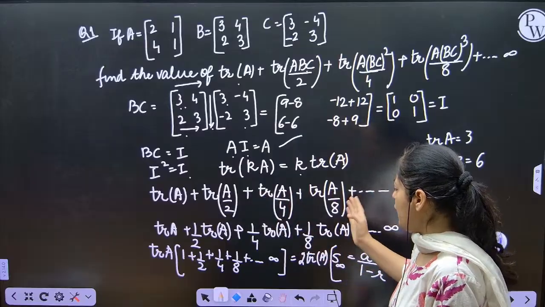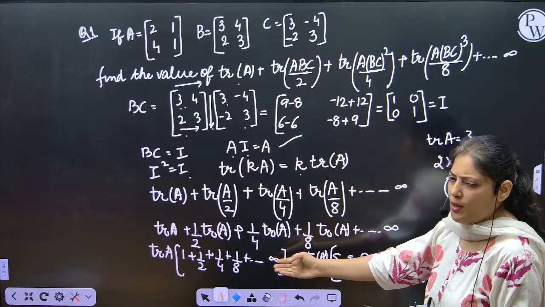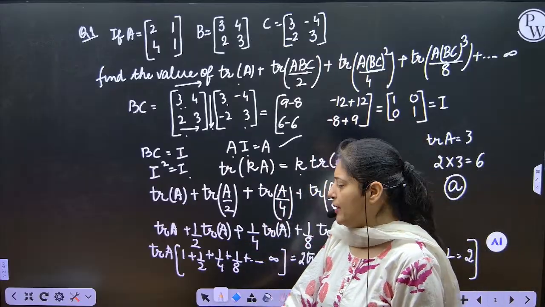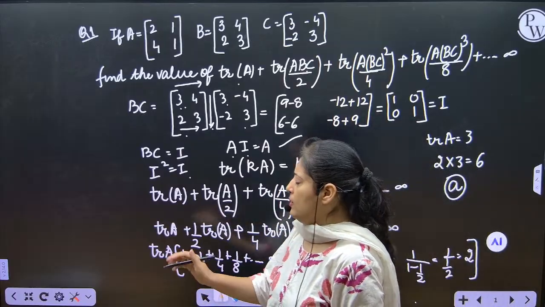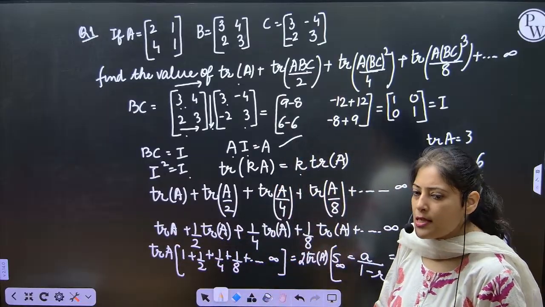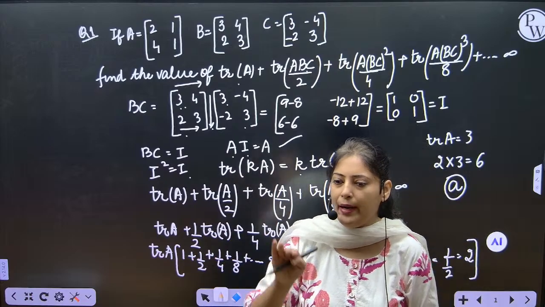So I applied this formula, and it was coming out to be a GP. GP means geometric progression, which means the ratio is the same. How do we find the ratio? Second term divided by first term, third term divided by second term. That means next term divided by previous term.